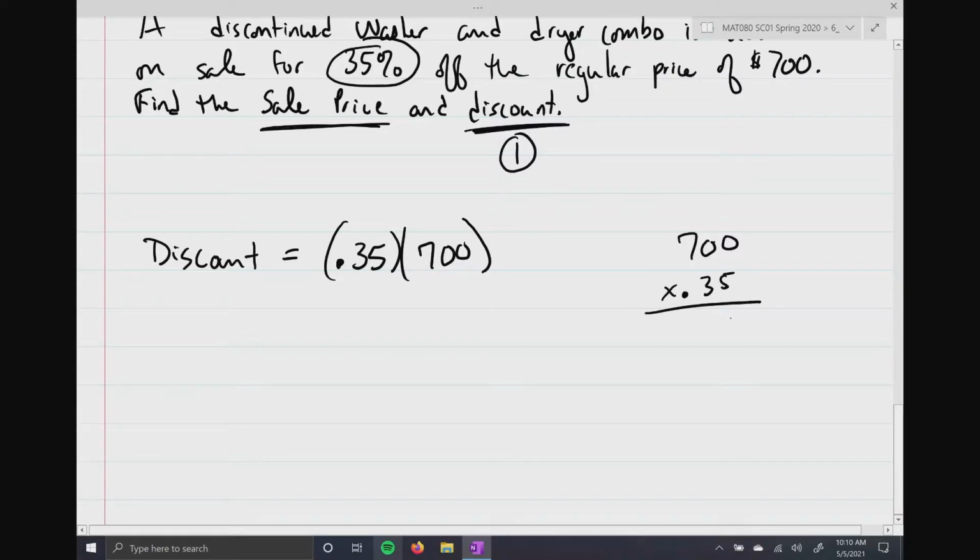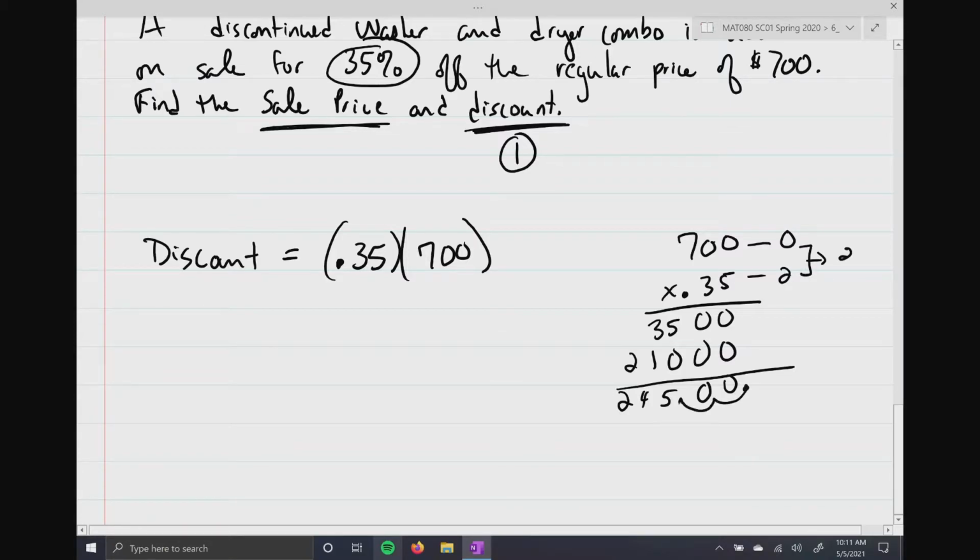5 times 0 is 0. 5 times 0 is 0. 5 times 7 is 35. Put a 0. Now I'm going to do the 3. 3 times 0 is 0. 3 times 0 is 0. 3 times 7 is 21. Now I have 0 decimal places in the first number, 2 in the second number, for 2 decimal places.